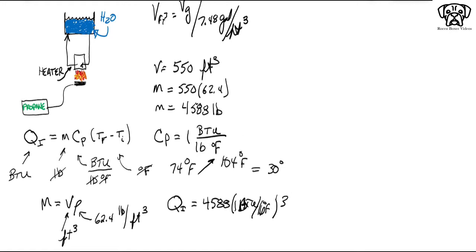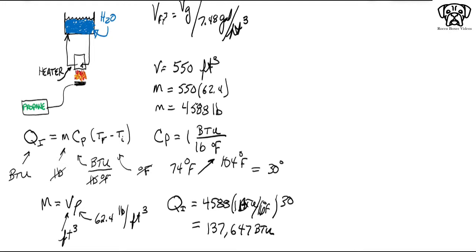Shouldn't have even done the units there. You know what they are. It's 1. So that is going to equal 1,029,600 BTU. Okay, so we got our first thing. We know in an ideal world with no heat loss, nothing, it's going to take 1,029,600 BTUs to heat this water.